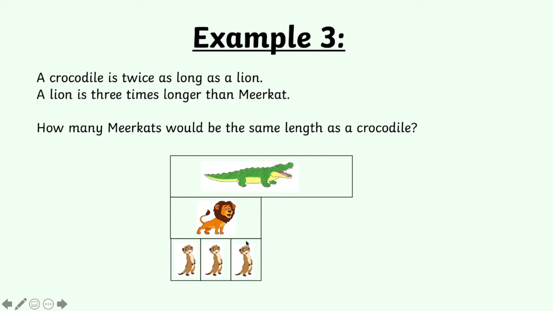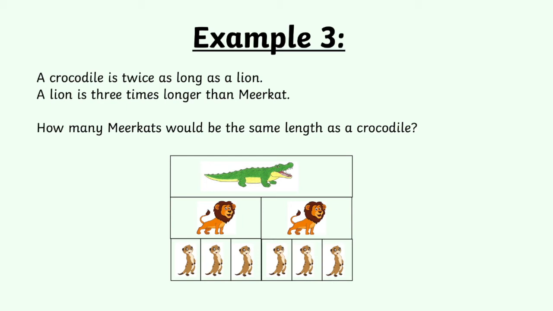Well, we can see, can't we, that we would need one more lion to fill in this gap here to get us to the same length as a crocodile, and one more lion would be the same as 3 more meerkats. So there it is, there's our second lion, and that's the same as 3 more meerkats. So altogether, how many meerkats is as long as a crocodile? 1, 2, 3, 4, 5, 6.